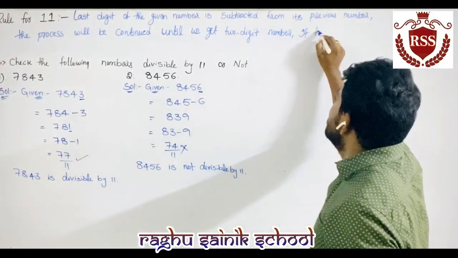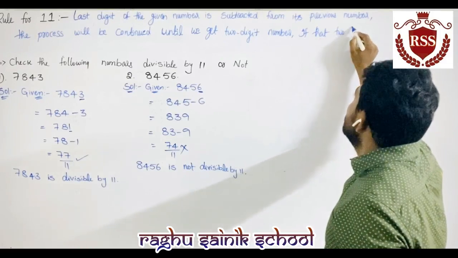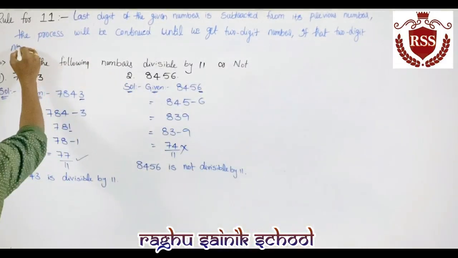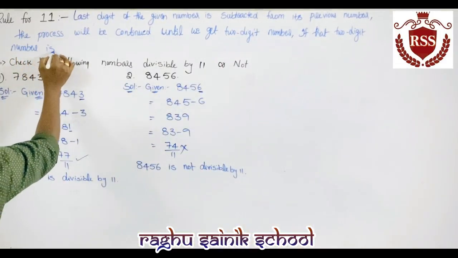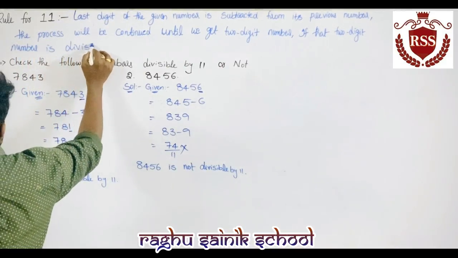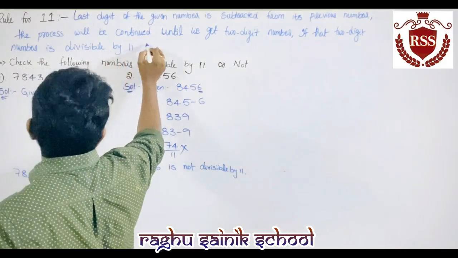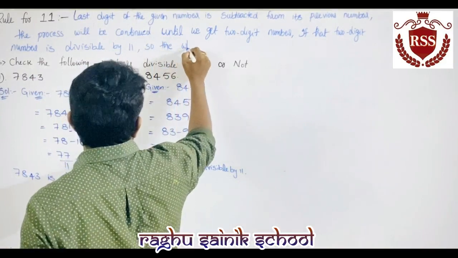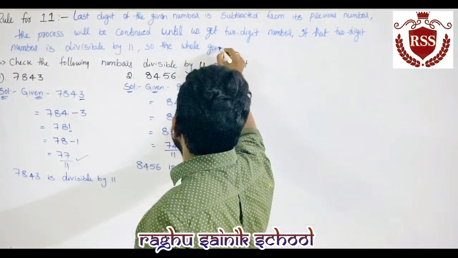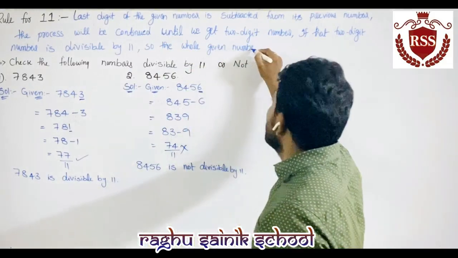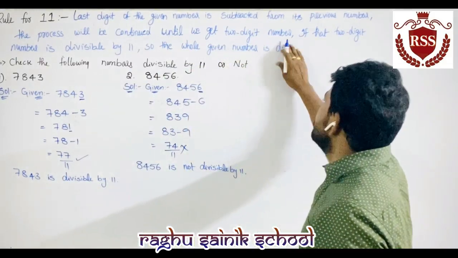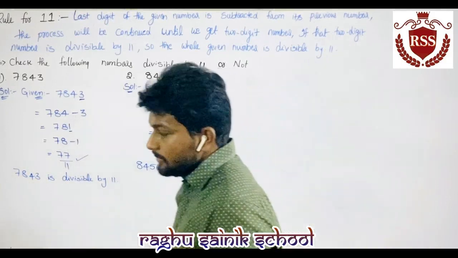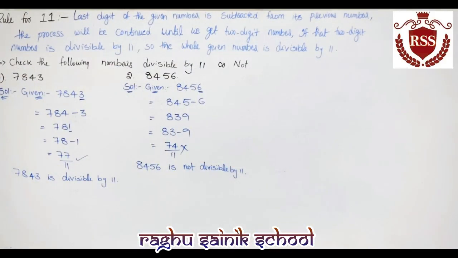If that 2-digit number is divisible by 11, then the whole given number is divisible by 11. It is the divisibility rule of 11.